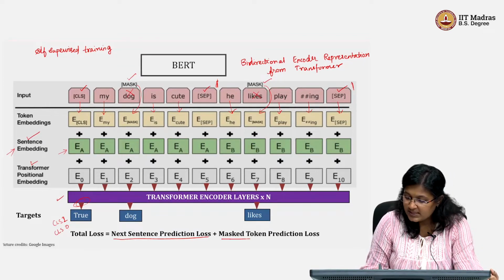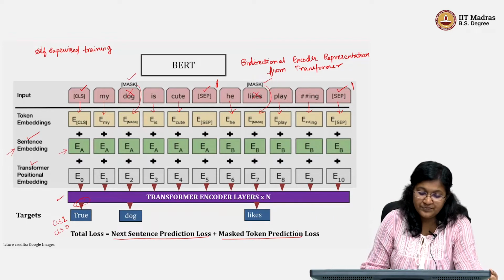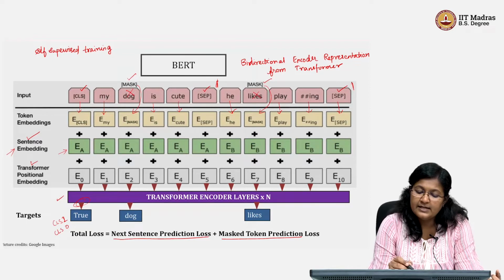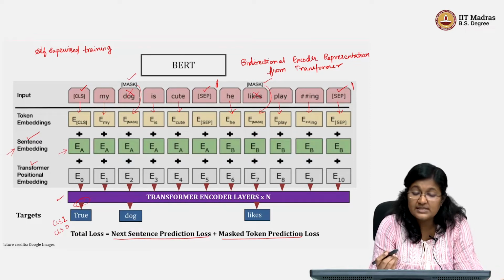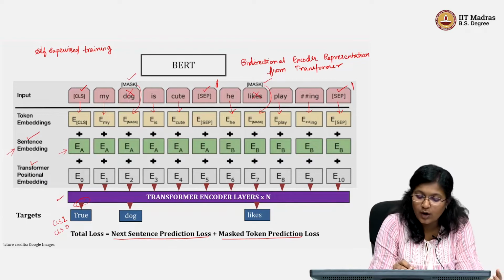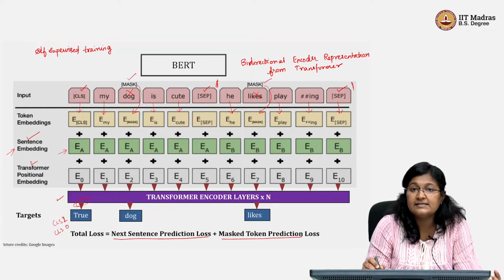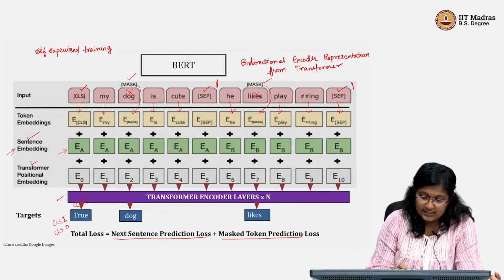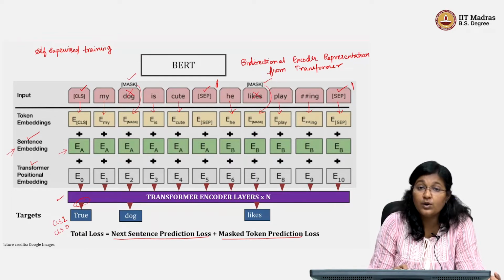Let's come to the masked token prediction task. We prepared the data such that instead of passing some tokens, we passed the token corresponding to mask. Here the dog is masked and the likes word piece is also masked. What you will do is take the corresponding encoder output.